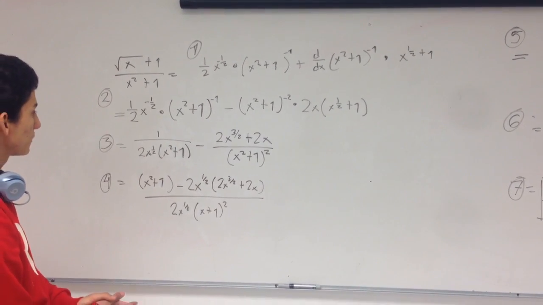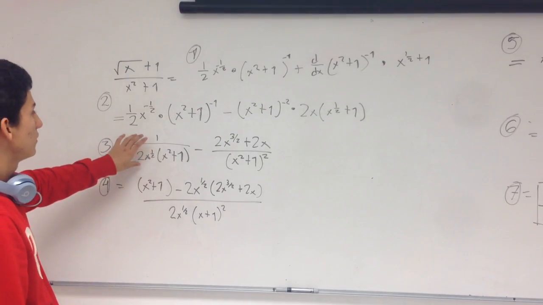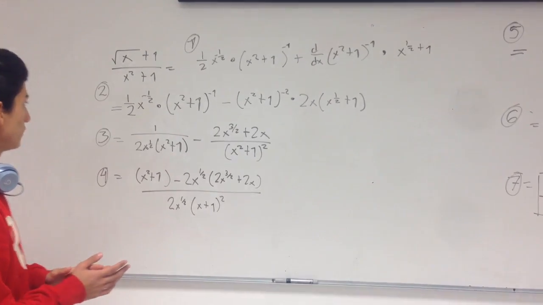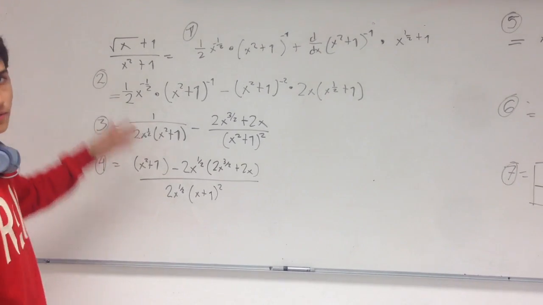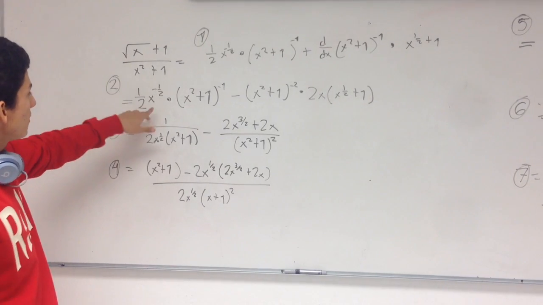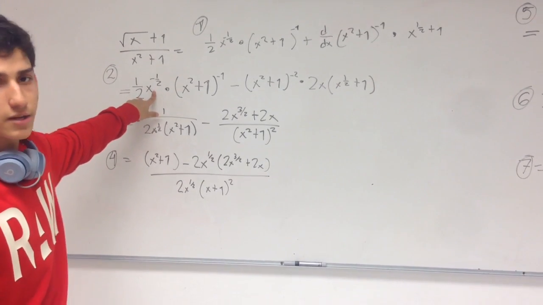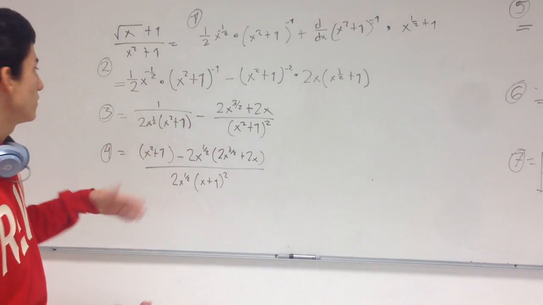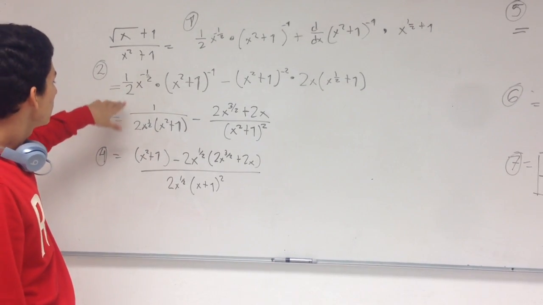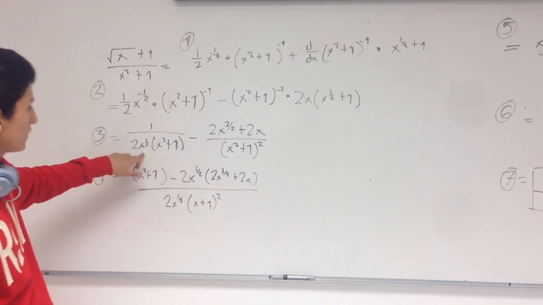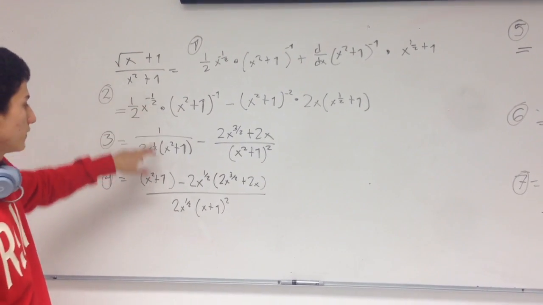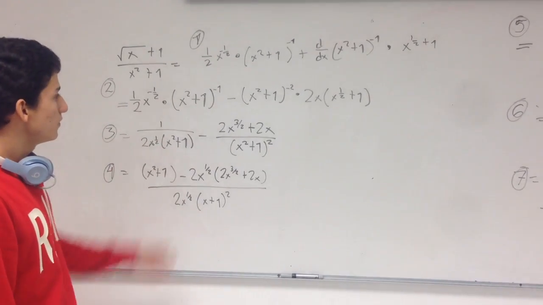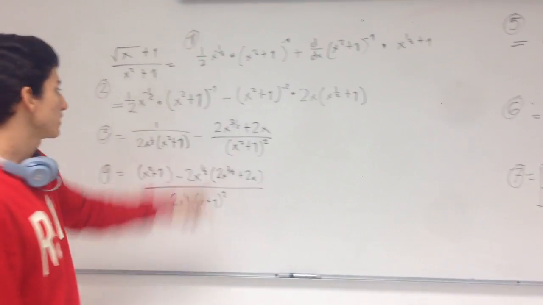Now we have to add the common terms, and we are left with, first we have to pass the negative exponents as a fraction, so we pass it below. We have 1 over 2x to the 1/2 times x squared plus 1, because this is also a negative exponent.